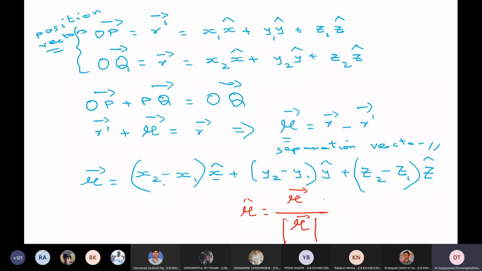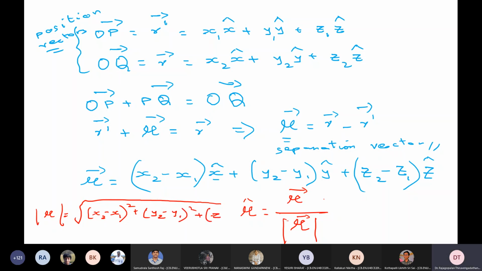So that will be the square root of x2 minus x1 square plus y2 minus y1 square. For the sake of completion, you will have x2 minus x1 square plus y2 minus y1 square plus z2 minus z1 square.